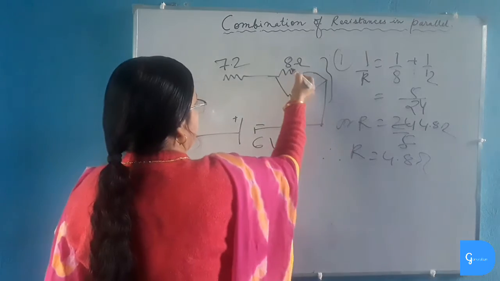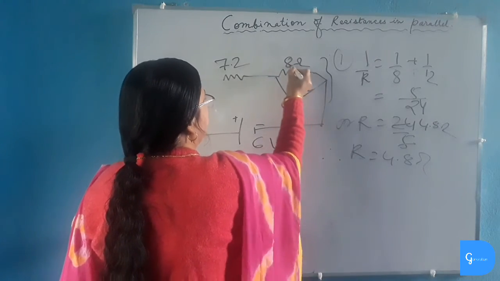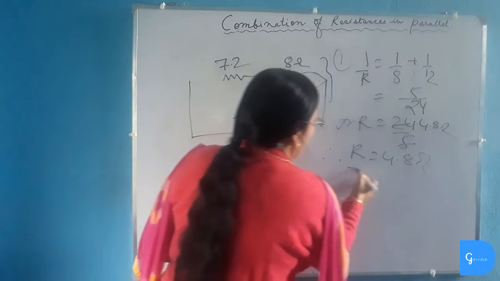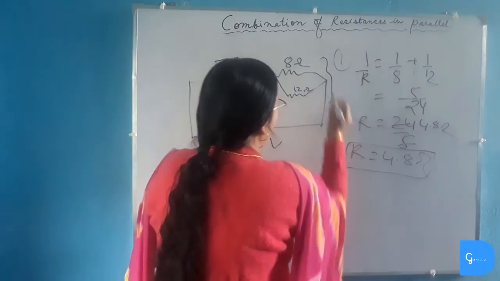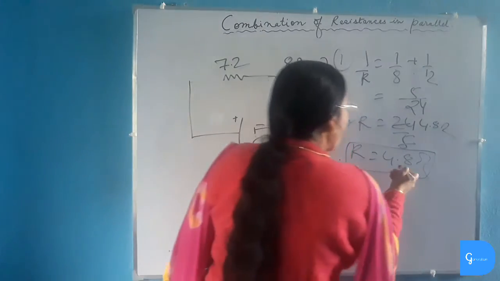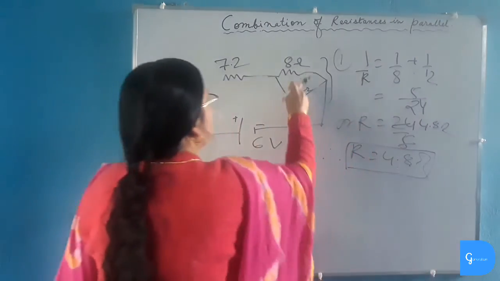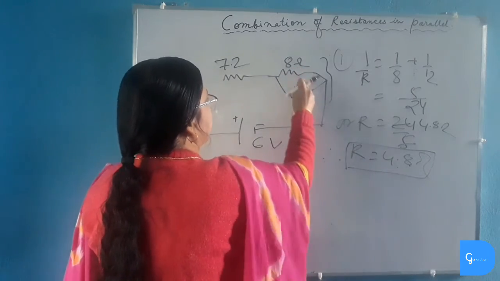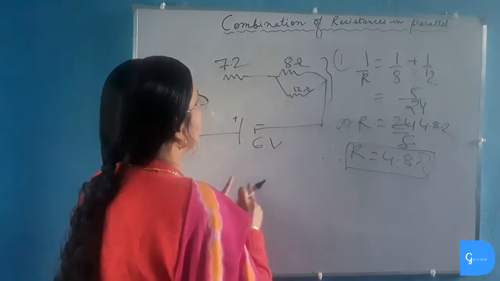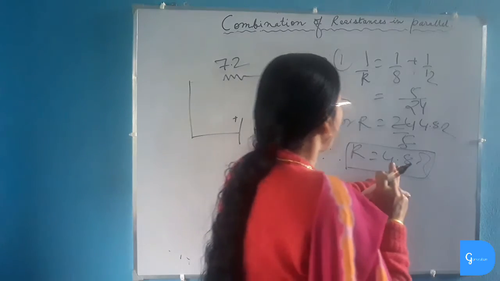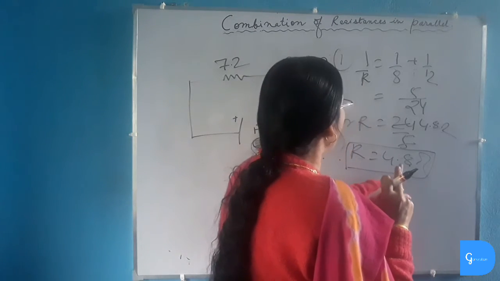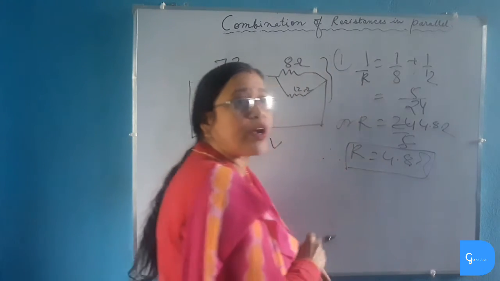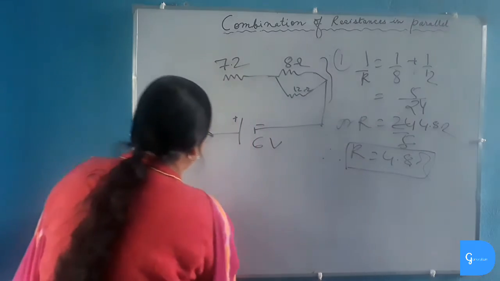The combined resistance of these two parallel resistors, 8 ohm and 12 ohm, is 4.8 ohm. Thus, 8 ohm and 12 ohm which are connected in parallel will be equal to a single resistance of 4.8 ohm. These 4.8 ohm now can be considered to be connected in series with 7.2 ohm.